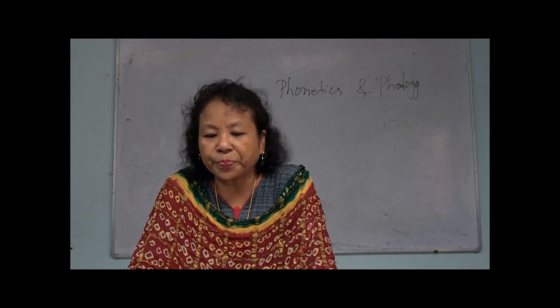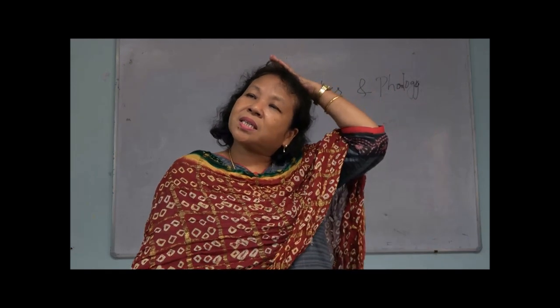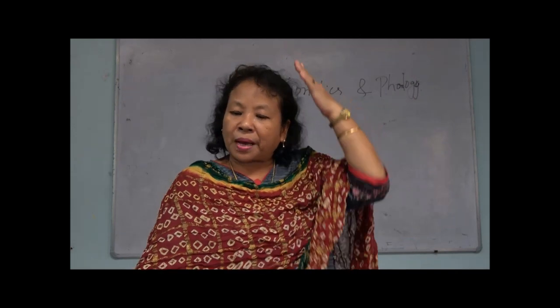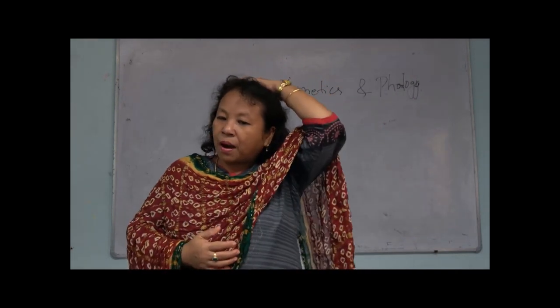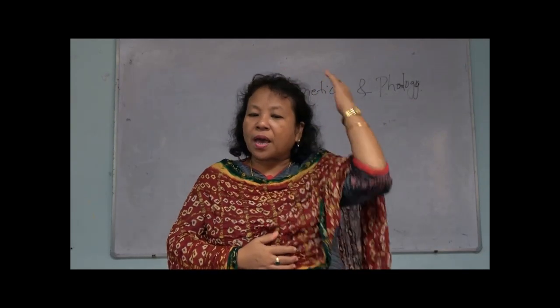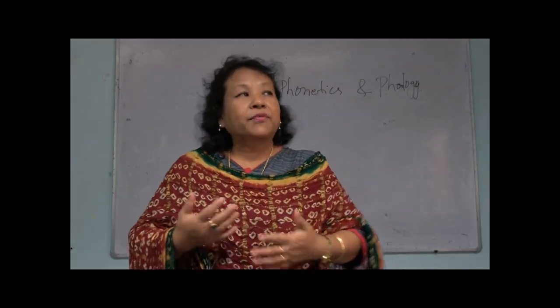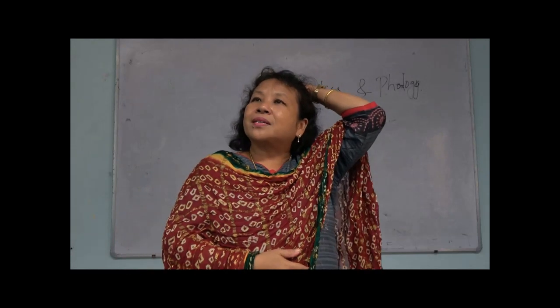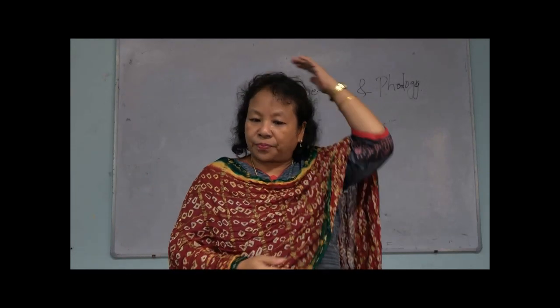If you say s, z, while placing the palm of your hand firmly on the top of your head, you should feel the vibration of z, but not with s, right?